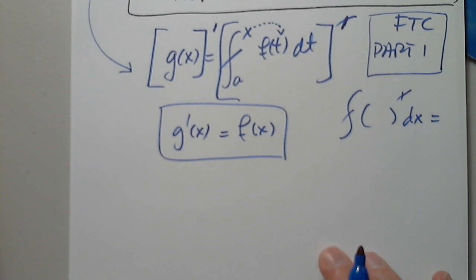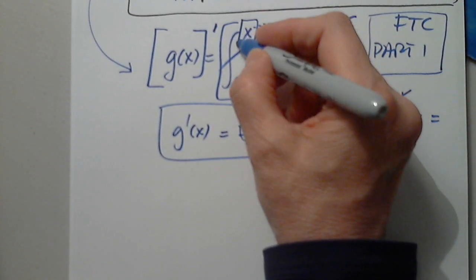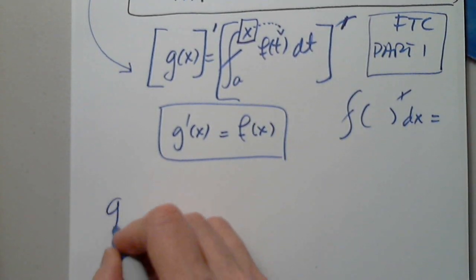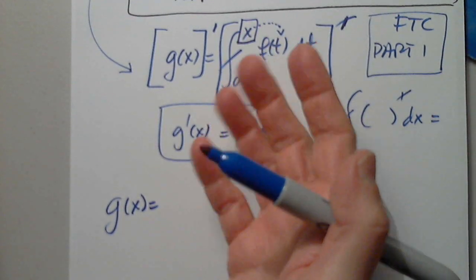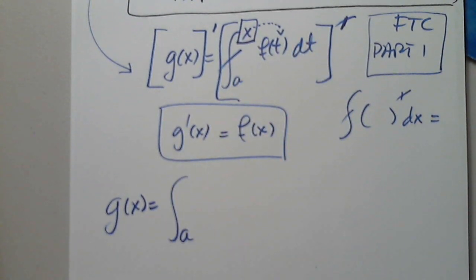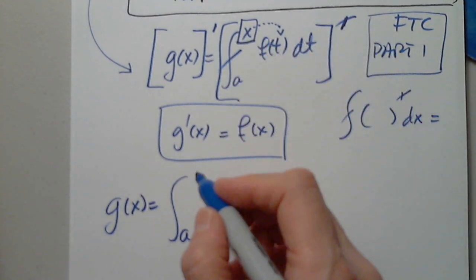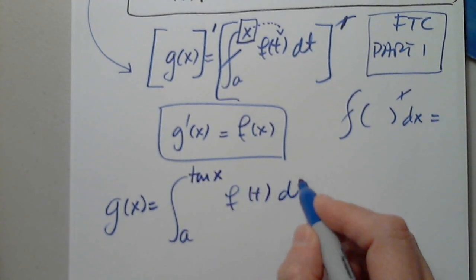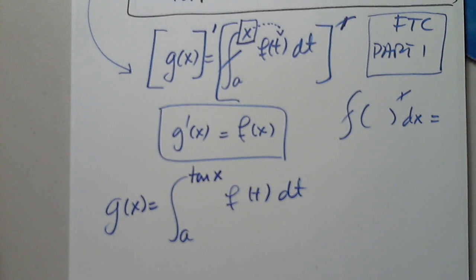Now, what happens if this is not plain x? So let's say I'm given g of x in the form of an integral, but not x, but tangent x. And you can say, wait a minute, what do I do now?